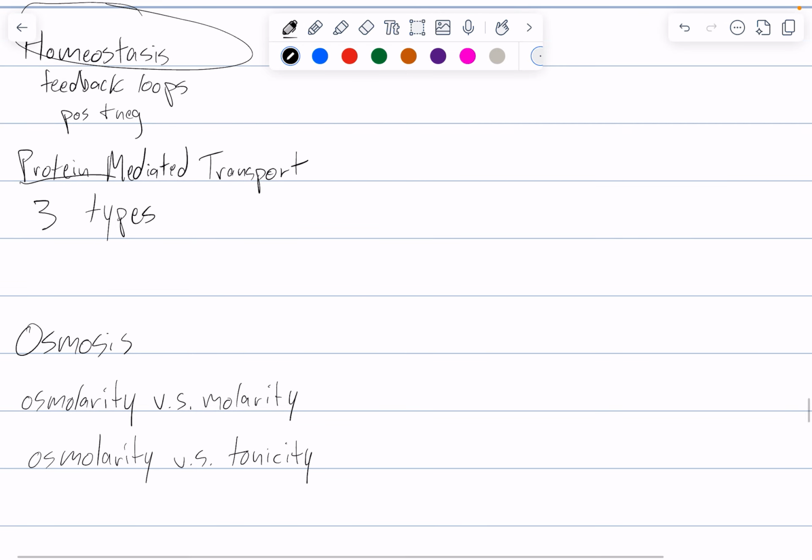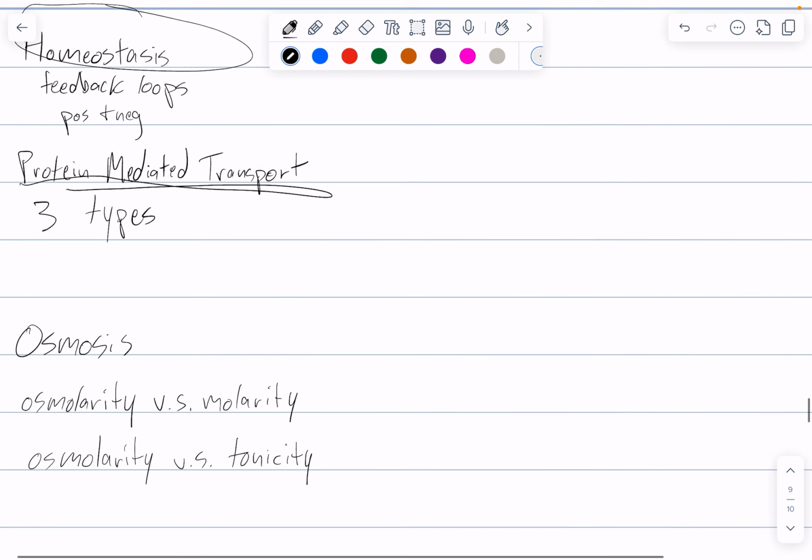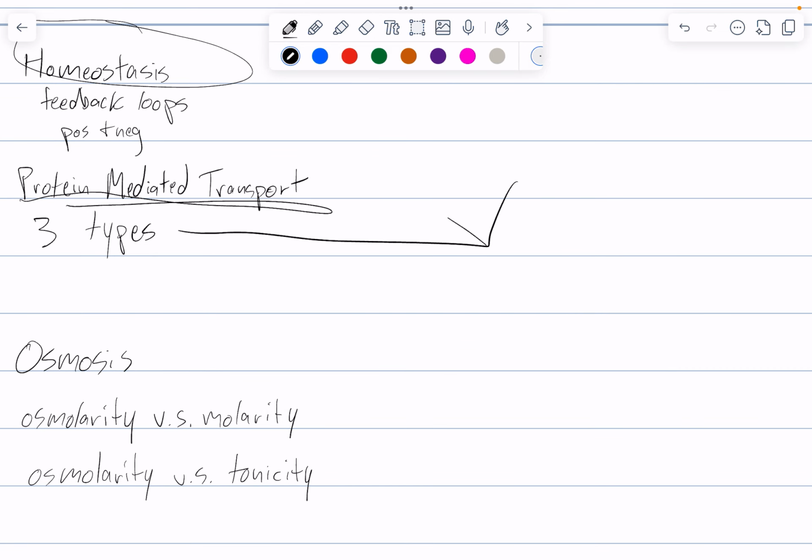Now we'll be talking about protein-mediated transport. So there are different types of protein-mediated transport. There are 3 types. There is passive transport.